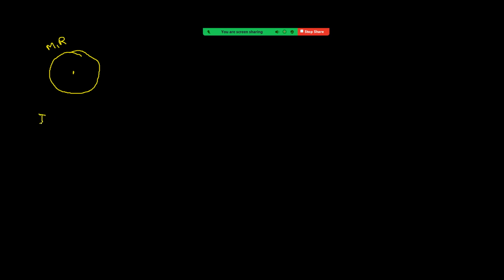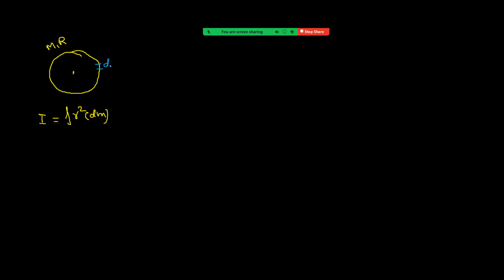So I, by definition, is the integration of r square dm. You can see each and every point mass on the ring is at the same distance from the center.